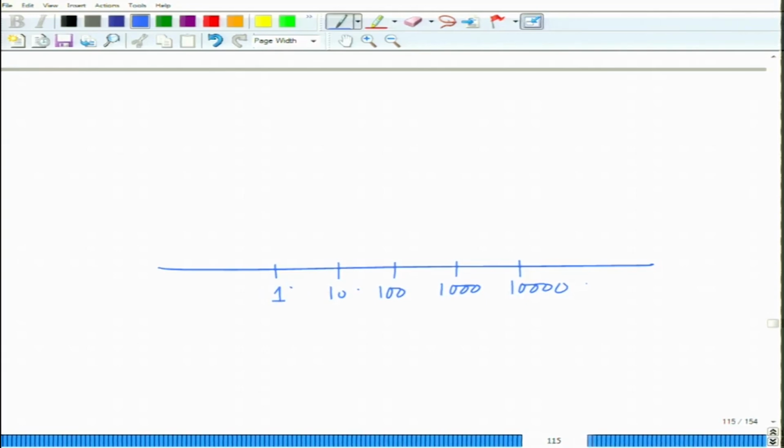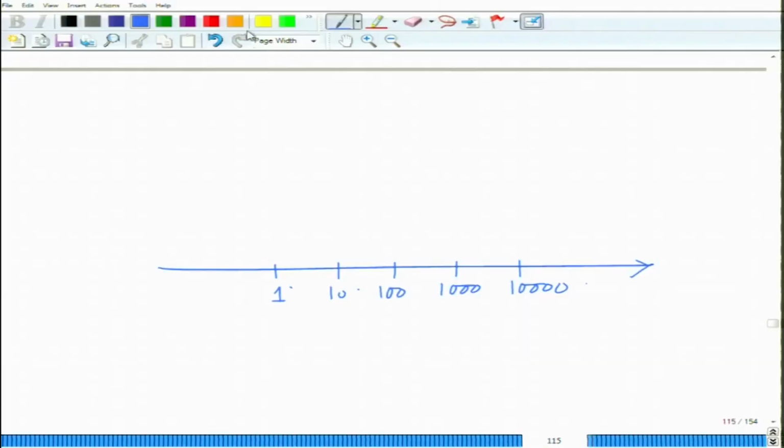So, when it goes from 1 to 10, remember the log increases from 0 to 1. When it goes from 10 to 100, log to the base 10 of omega goes from 1 to 2. So, every decade increase occupies a single unit. This is the log omega axis. Okay. So, this is your log omega axis, or log to the base 10 omega axis.